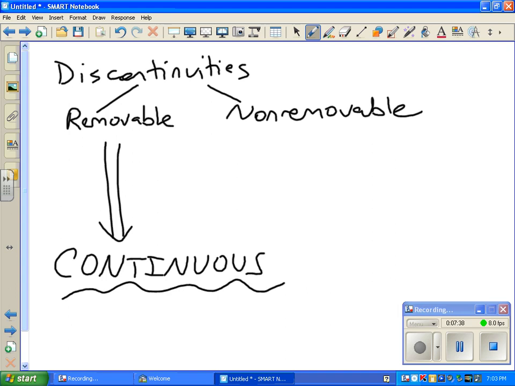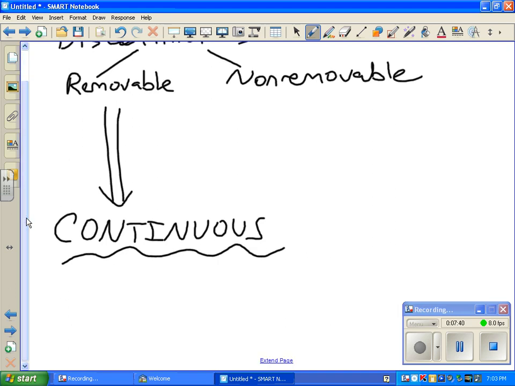Is a function continuous or not? In layman's terms, what we're talking about is being able to draw the function start to finish without picking up our pen or pencil. If we have to pick it up to make a jump, go over a hole, or an asymptote, then our function is not continuous.